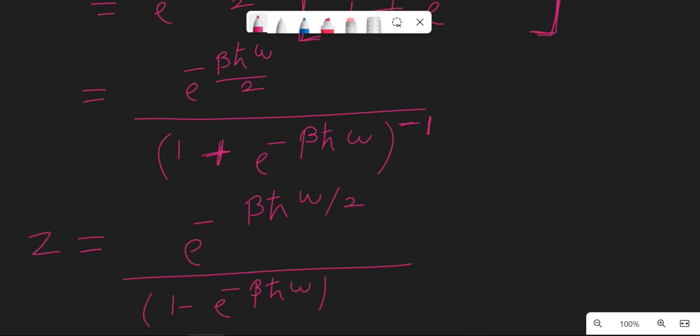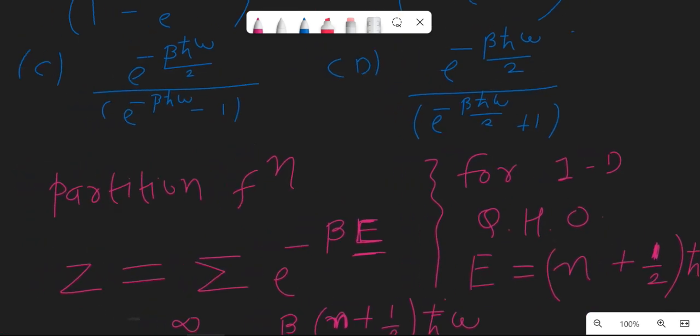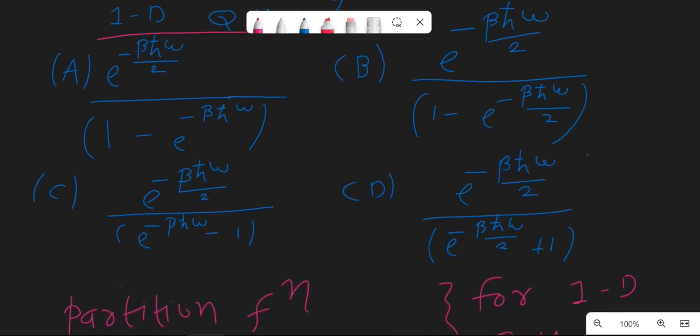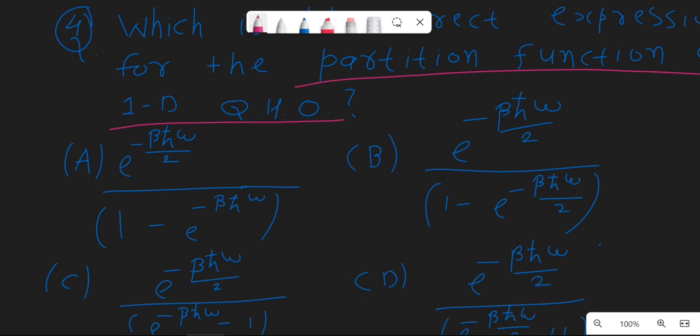So this is your partition function for the one-dimensional quantum harmonic oscillator. Please remember it directly also. So e raised to minus beta h cut omega by 2 upon 1 minus e raised to minus beta h cut omega. So your correct option is A. Okay, this is very important.